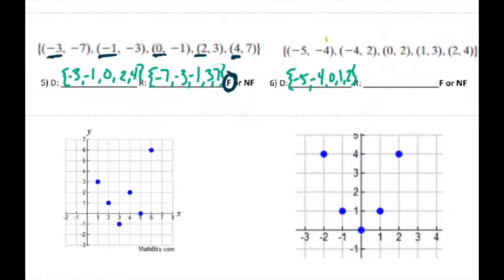My range is my y's, so easy. So my y values are -4, 2. There's another 2 here. You don't have to write it again. I already know that there's a 2 in my range, so you don't need to write it a second time. 3 and 4.